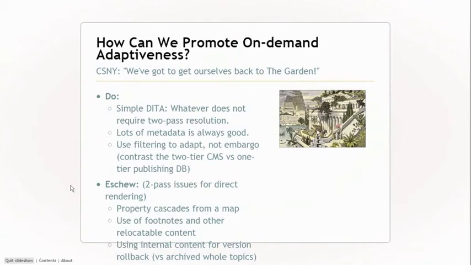Things that you should eschew if you want to have on-demand adaptiveness for your content is, of course, anything that ties into that two-pass process. That would include having property cascades on a map, where you have to process the entire map in order to cascade properties down the map to the topic through all the branches that may apply their property versions to it.